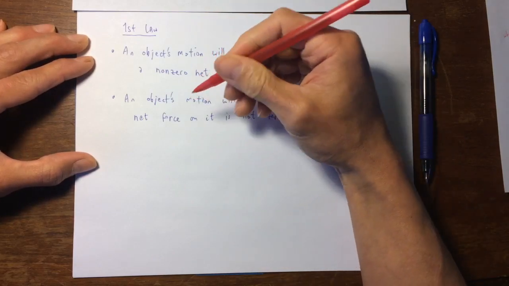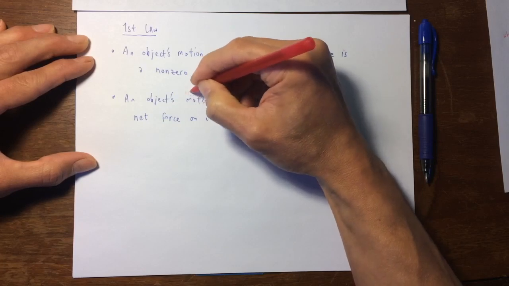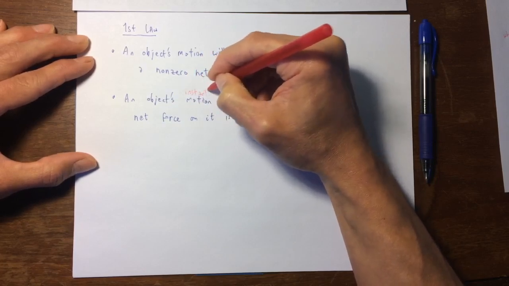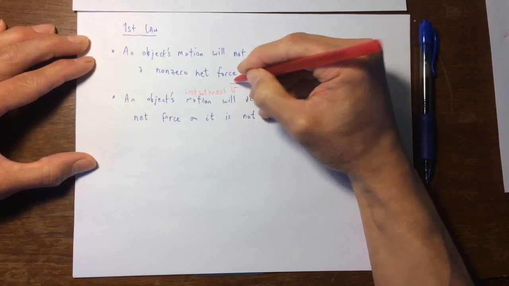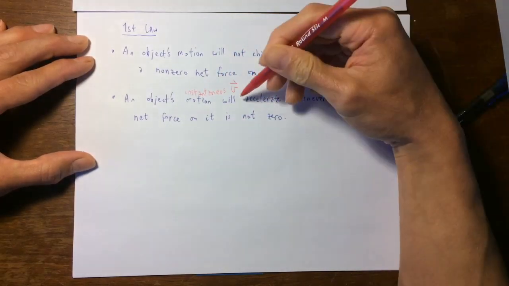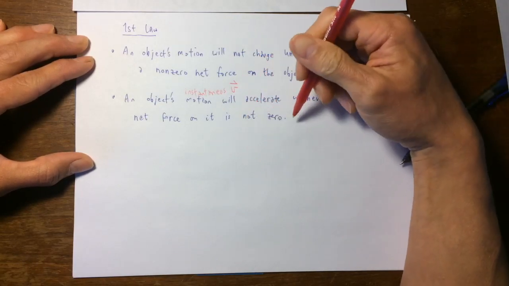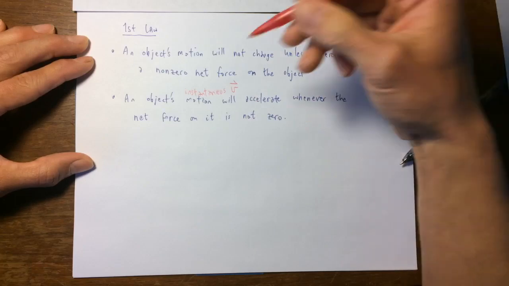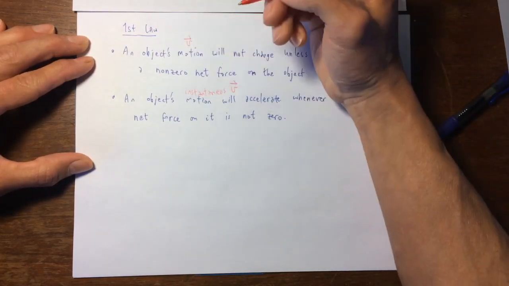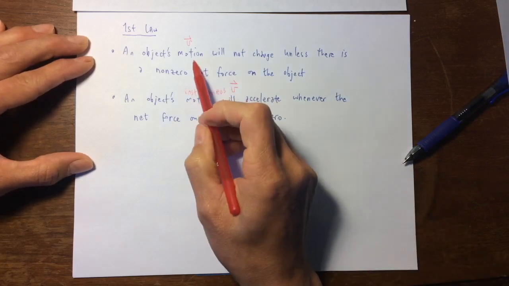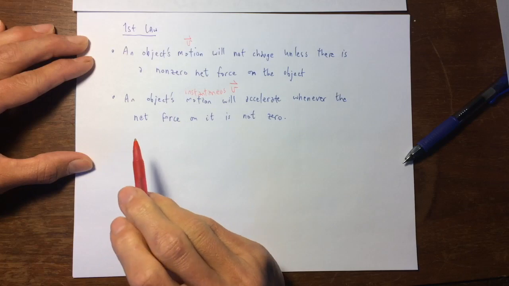One thing that I think is important to point out: an object's motion, and remember when we say motion, this is the instantaneous velocity. So the velocity will accelerate, that is, the velocity will change whenever the net force on it is not zero. Up here, an object's motion, again, this is the velocity of the object. The velocity will not change unless there is a non-zero net force on the object.